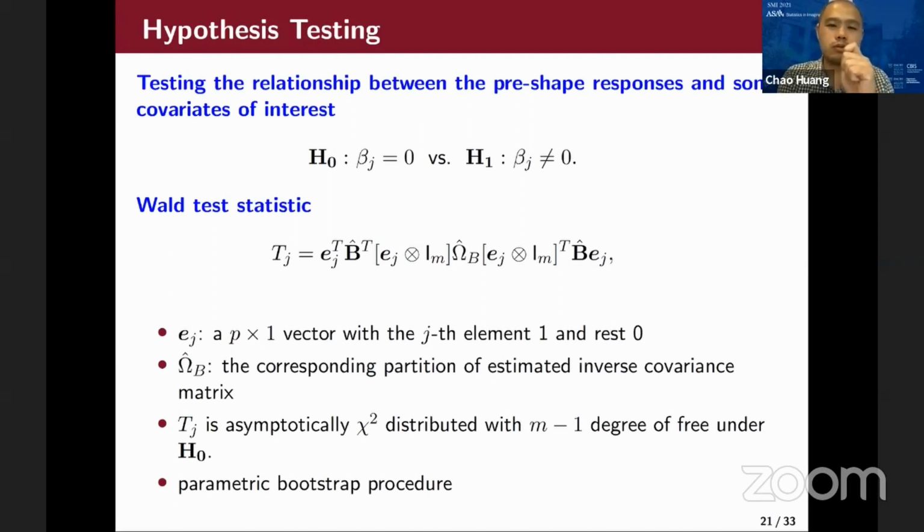The straightforward way is to construct the Wald test statistic, and it can be shown that this test statistic is asymptotically chi-square distributed. In practice, we can use parametric bootstrapping procedures to calculate the empirical distribution under the null hypothesis, which means we can calculate the p-values approximately. Okay.